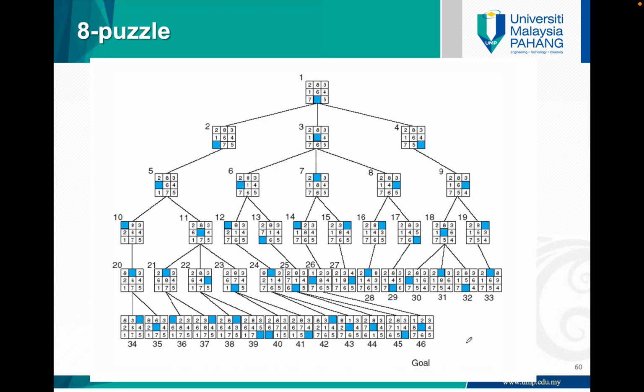But now if you calculate Sibiu, Fagaras to Bucharest, the total path cost is higher compared to Arad, Sibiu, Rimnicu Vilcea, and Pitesti, which is only 418. Okay, so let's proceed.